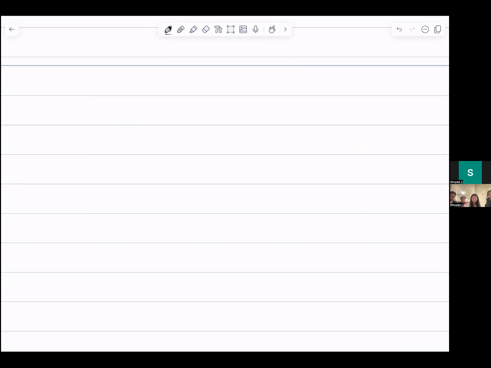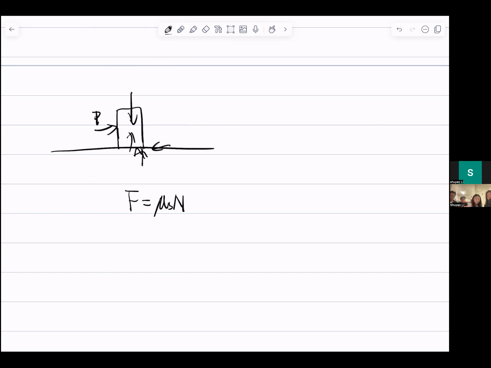Because when the object starts moving, it's going to be the kinetic coefficient that we need to know. So imagine I have a force P here, the weight, the normal force N, and then friction F. The maximum static friction force is F equals mu S times N, the normal force that the box has.